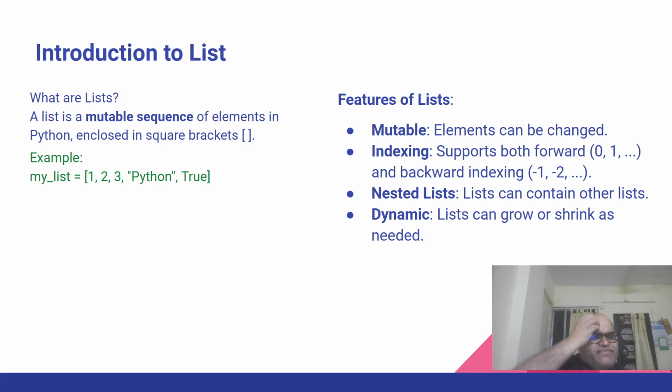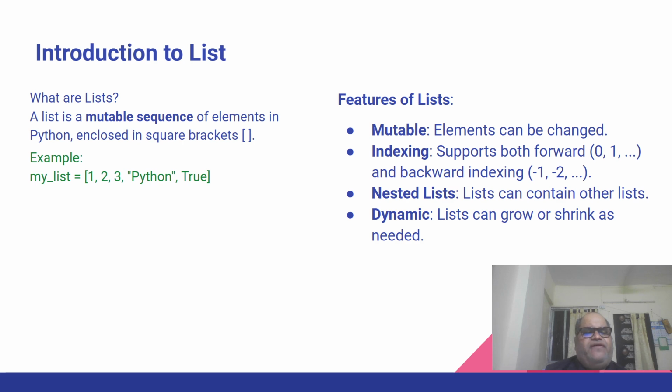So for example, in this particular case, my list might have a numeric one at one place, and maybe a string in another place, and things like that. And then it is dynamic. What does it mean? The list can grow or shrink as needed, right?